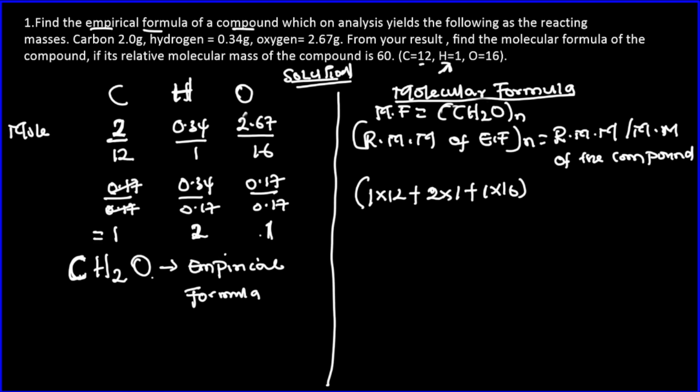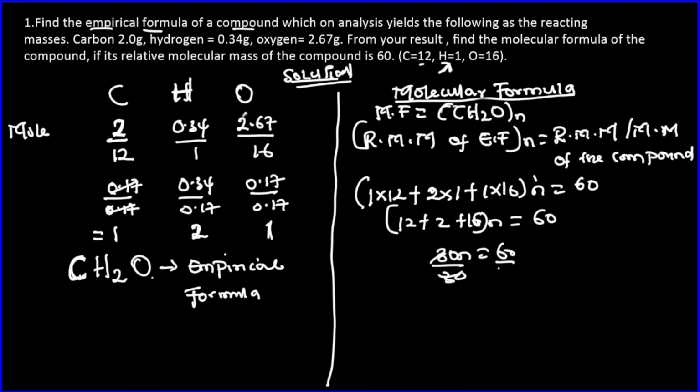This 1 we don't need to write, but we know 1 is here. So bracket, n equals 60. So this is 12 plus 2 plus 16, n equals 60. So this is 30n equals 60. Divide both sides by 30. So n is what? 2.